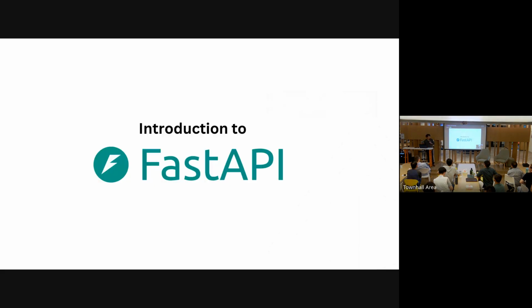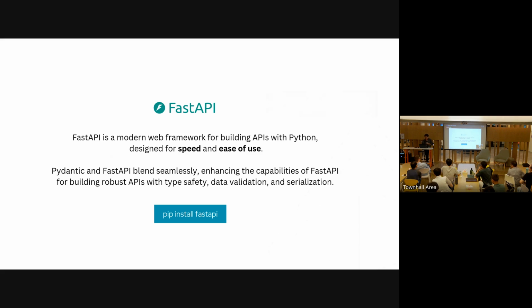Because we are talking about Pydantic, of course we need to talk about FastAPI. I hope that after this talk, some of you can write FastAPI and consume data from open government products. Everybody is talking about APIs, and FastAPI is one of the top frameworks now. It's designed for speed and asynchronous work.